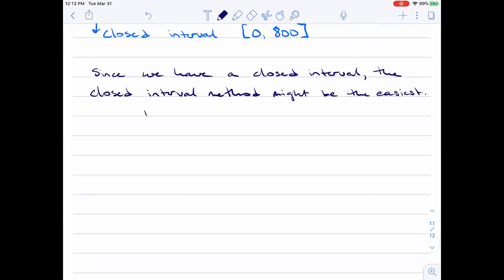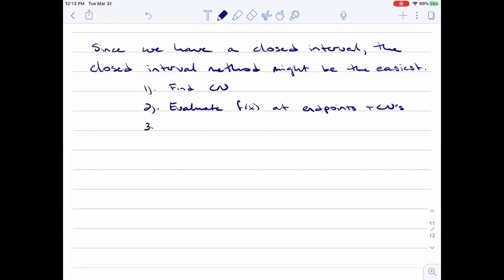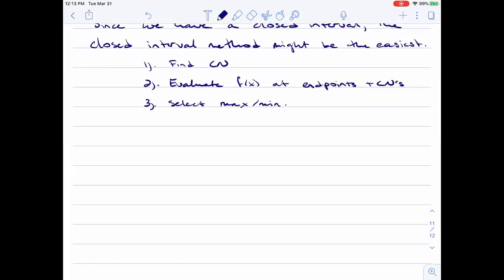Which is where we find the critical values or the critical numbers, and then evaluate f of x at endpoints and the critical numbers, and then select the maximum or the minimum depending on what you're doing for that problem. Right, so that's the closed interval method. And so let's try it here.